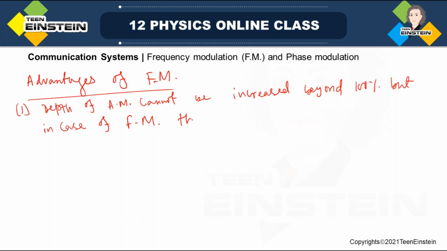Okay, no limit to this. In FM, standard frequency allocation provides a guard band between commercial FM stations, and this reduces the adjacent channel interference. So interference becomes less.